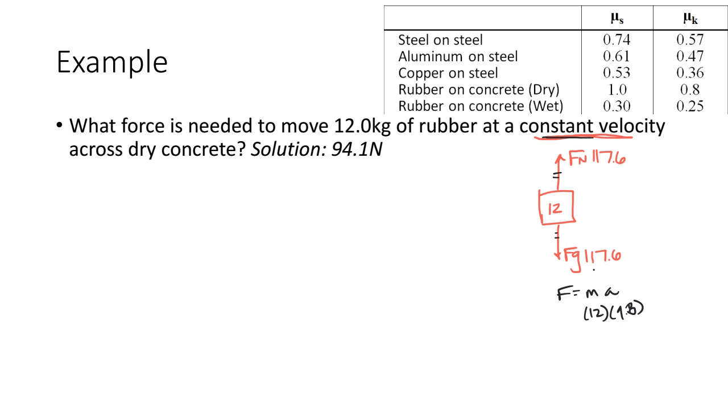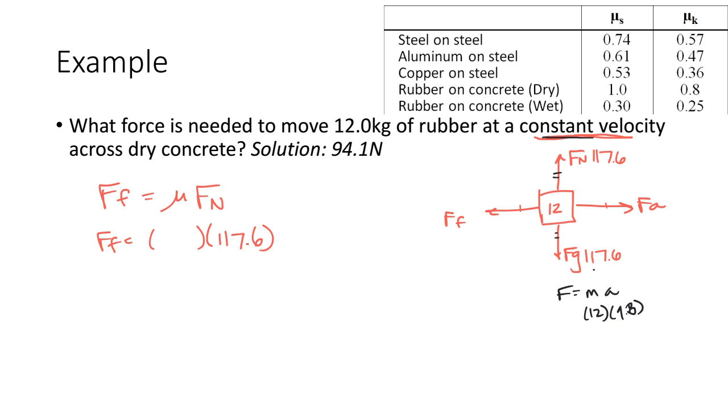Since it's moving at a constant velocity, whatever force we're applying has to equal our force of friction backwards. Let's calculate our force of friction. Force of friction equals mu times force normal. So the force normal we have just found to be 117.6. And our coefficient of friction, let's look it up.